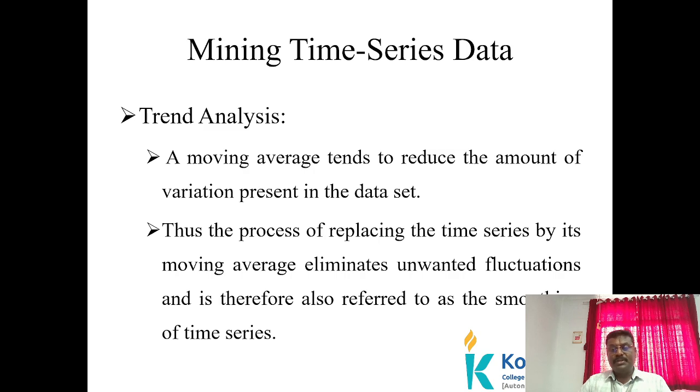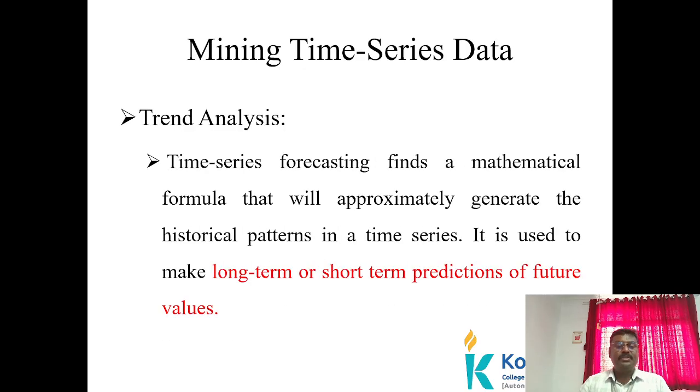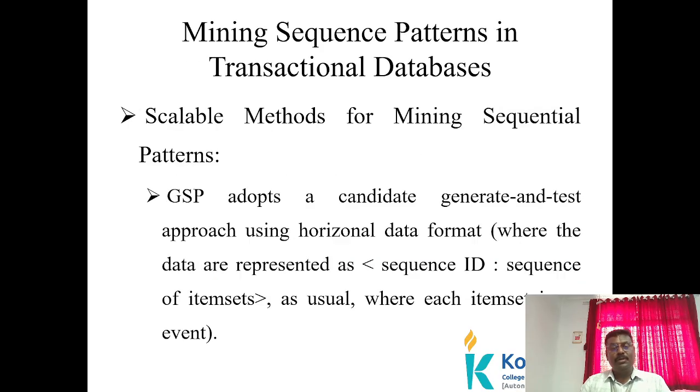The process of replacing the time series by its moving average eliminates unwanted fluctuation, and is therefore also referred to as smoothing of the time series. Trend analysis aims to find a mathematical formula. Based on the mathematical formula, you can analyze the trend of a particular product or particular stocks. Here, scalable methods for mining sequences and GSP are also covered.